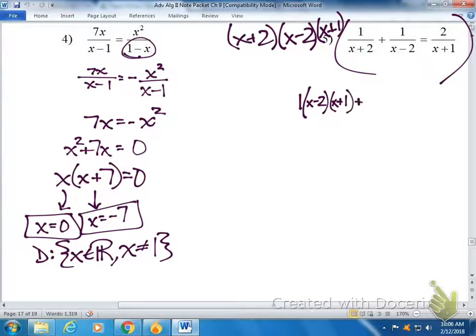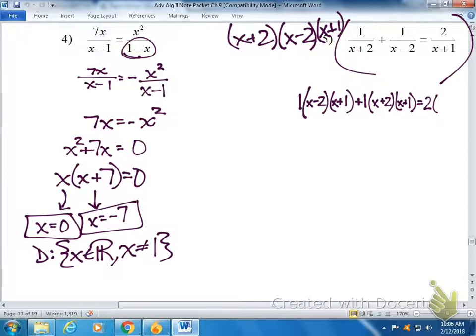So the next fraction, taking its numerator times the other 2 denominators it doesn't have, and then I'm going to take 2 times, here's the challenge, I would probably write down x plus 2 times x minus 2. Those of you who are good at remembering, wait, x plus 2 times x minus 2, that's a sum and a difference of the same 2 terms.